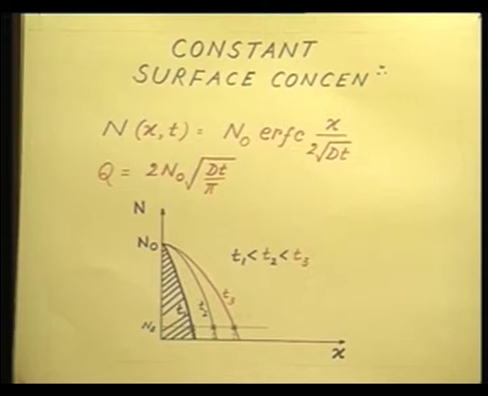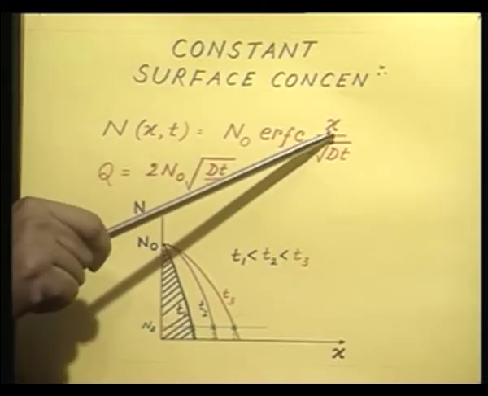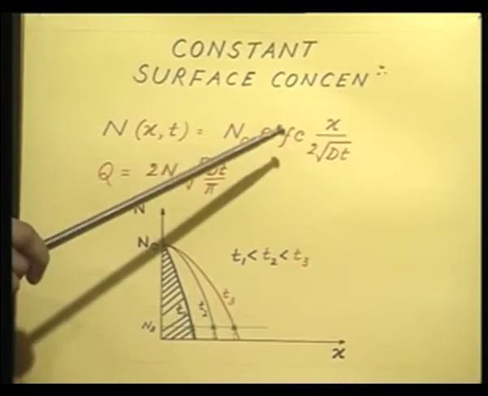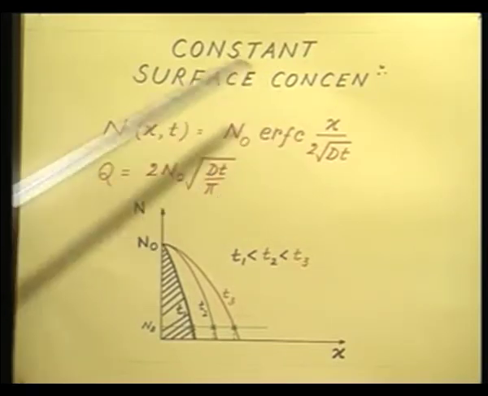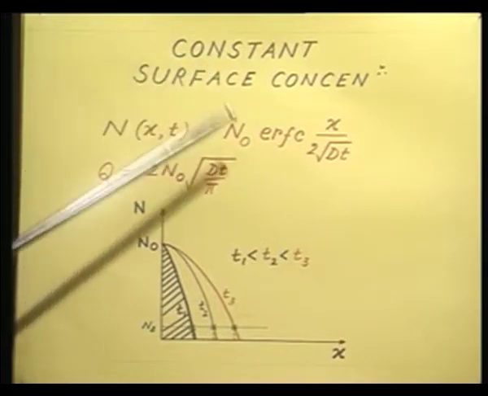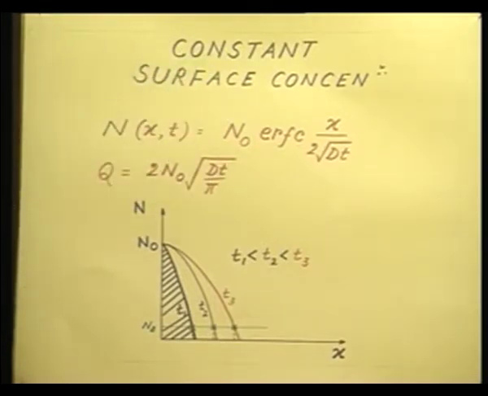For however long the diffusion is carried out, if it is an infinite source diffusion, that is if the doping profile is governed by the complementary error function curve, then you see at x equal to 0, this term is going to be 0, therefore, the complementary error function value is going to be 1 and n is always equal to n0 at x equal to 0, no matter what the time is. Agreed?